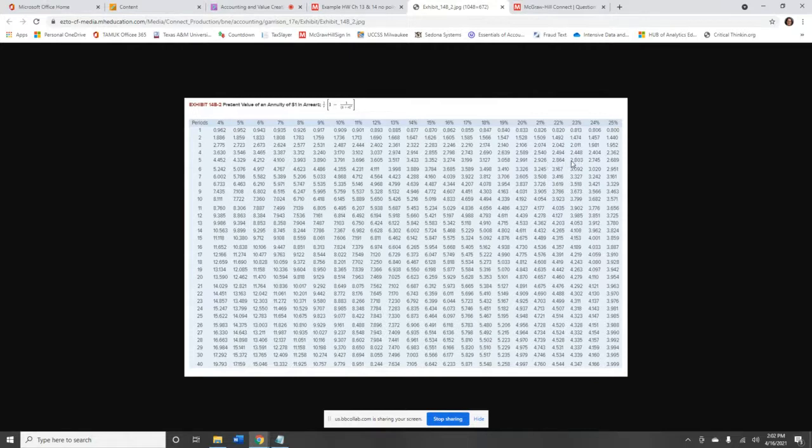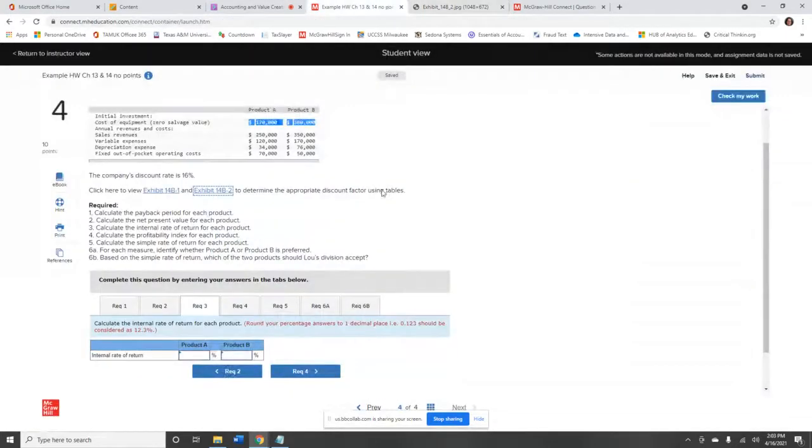If you look here, 2.80, 2.86, so it's about halfway in between 22 and 23. I think it would be possible to interpolate and come up with the exact number, but the book is fine with us estimating, so we're going to call that 22.5%.